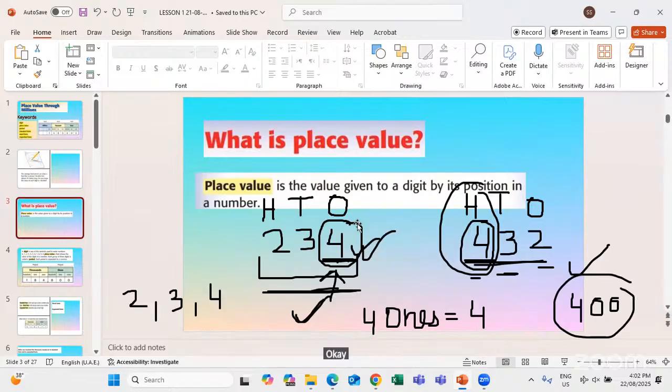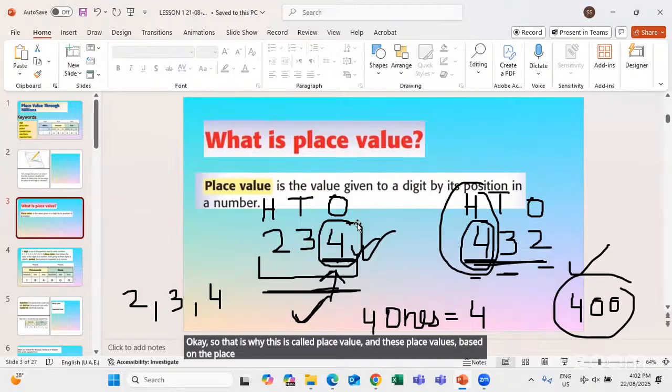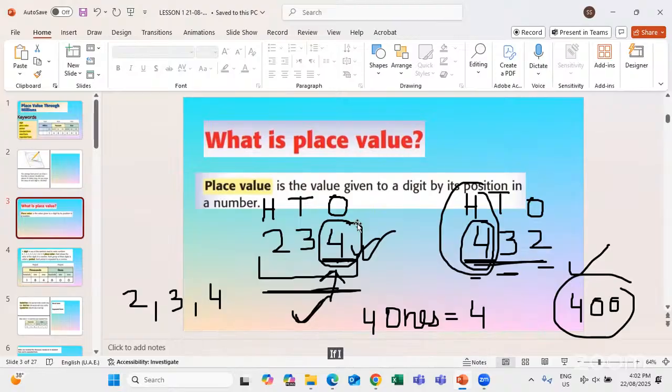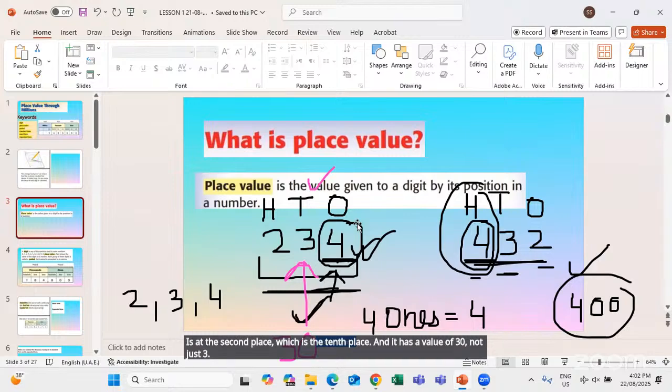That is why this is called place value. Based on the place, the digit has a different value. If I talk about 3, in the second number, 3 is at the second place, which is the tens place, and it has a value of 30, not just 3, it is 3 tens, which is 30.